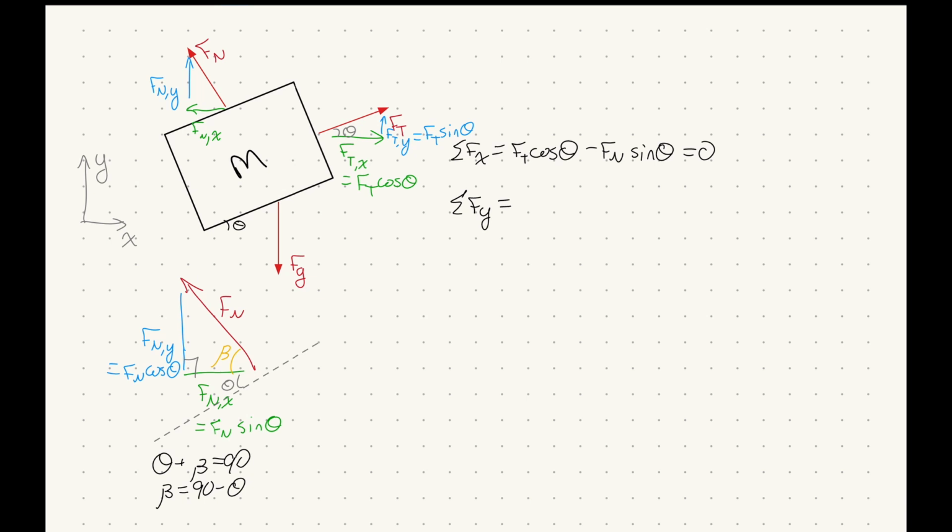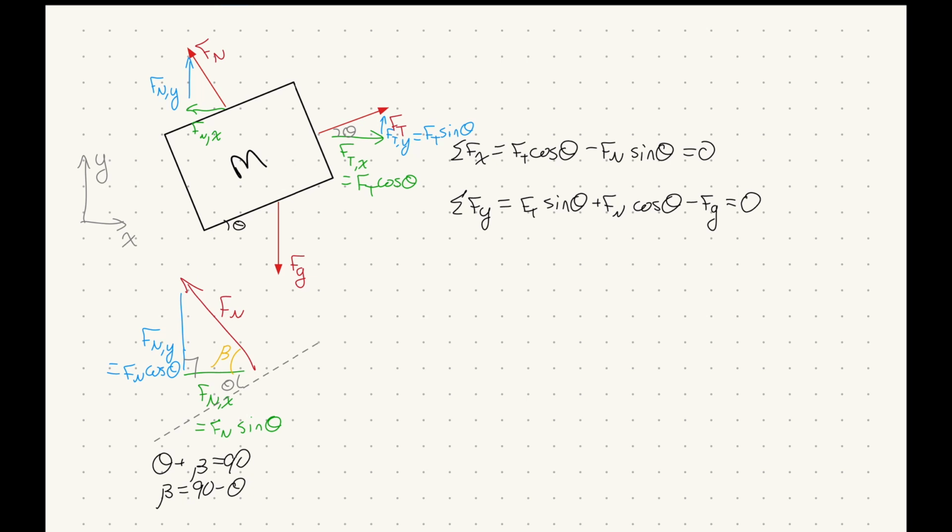We'll see that our tension force has a positive direction, so we'll say positive tension force sine of theta, and we'll also see that our normal force is in the positive direction, so we'll say plus the normal force cosine of theta. And then finally, our gravitational force, which is purely in the negative. So we'll say minus the gravitational force is equal to 0.